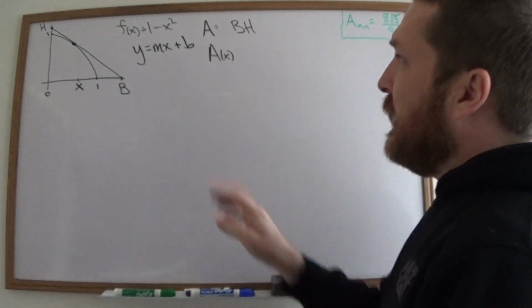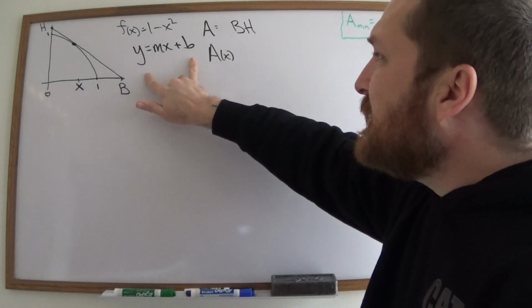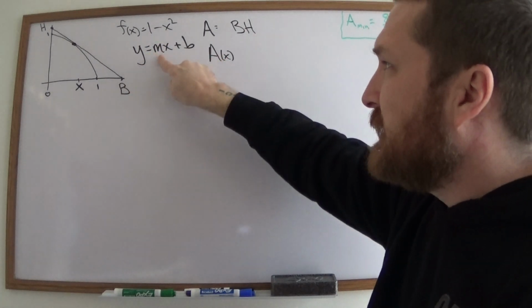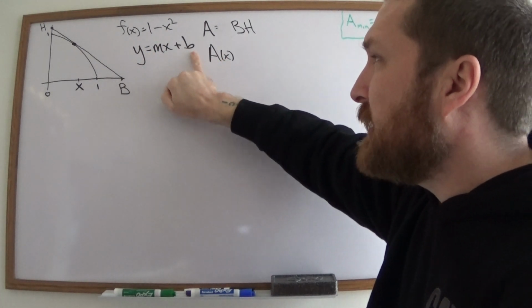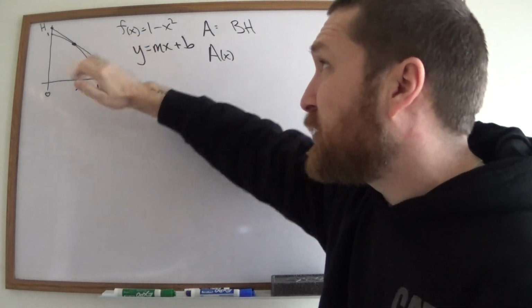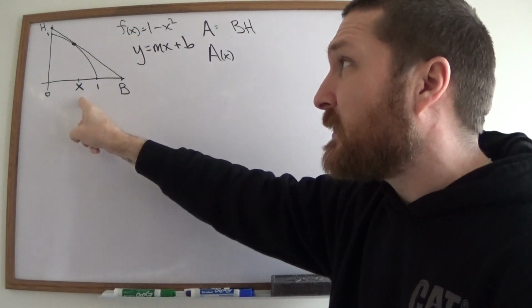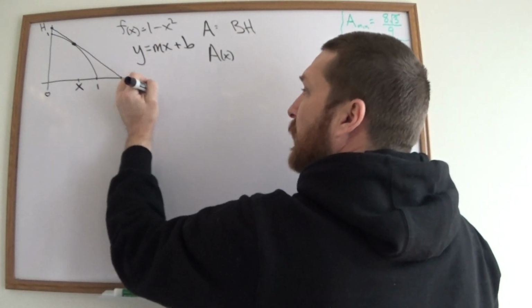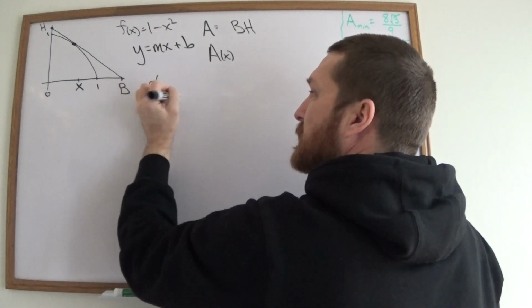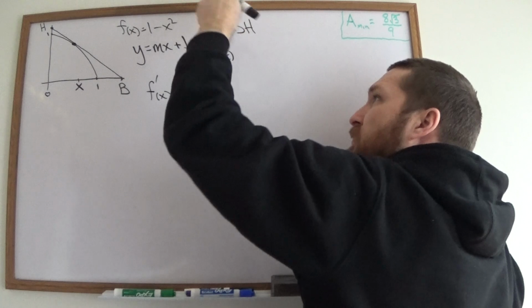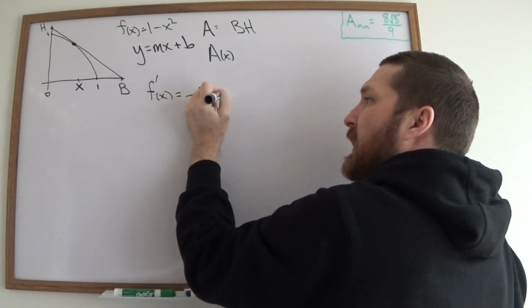So all of my information, everything I need to find B and to find H is right here. The only problem is I need to know what M is and I need to know what B is. But M is the slope of this function at this point. So I'm going to say, okay, f prime of x is, I take the derivative of 1, goes away. That's a negative. The 2 drops down, and we have an x.